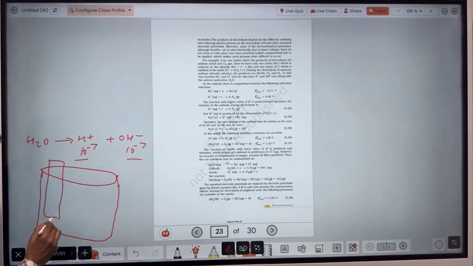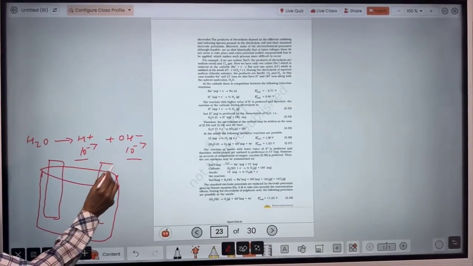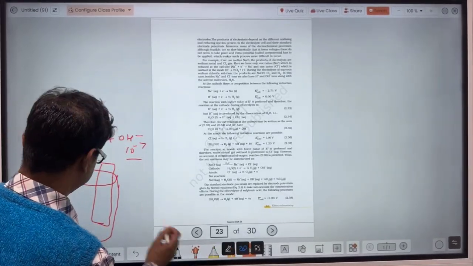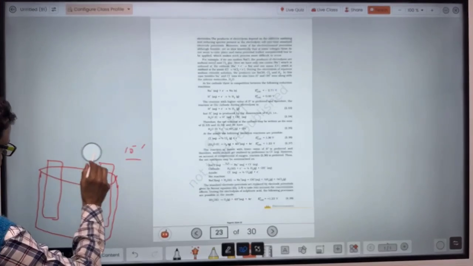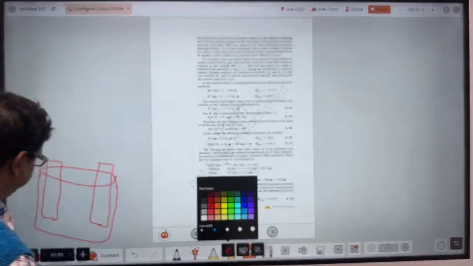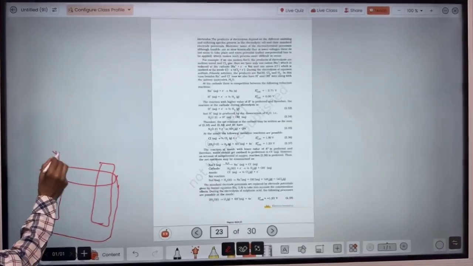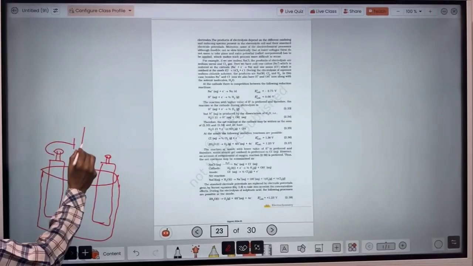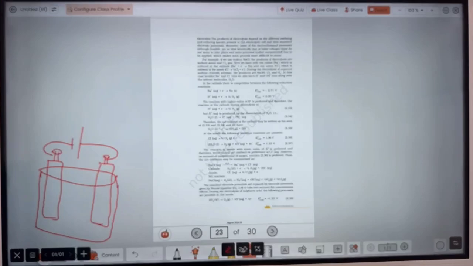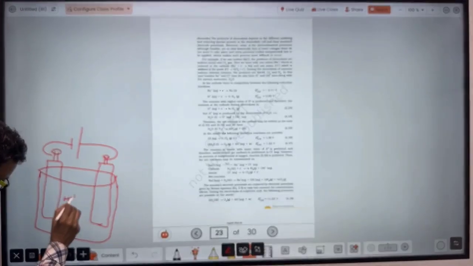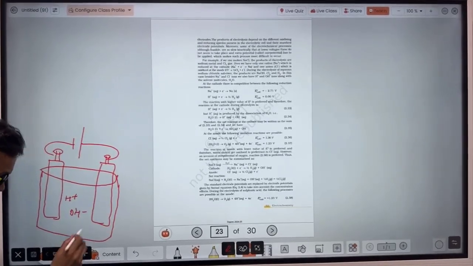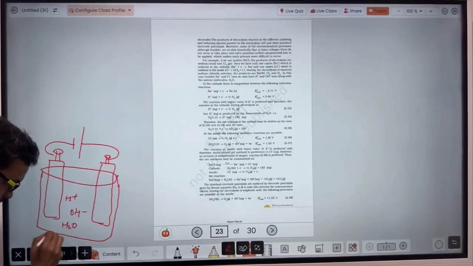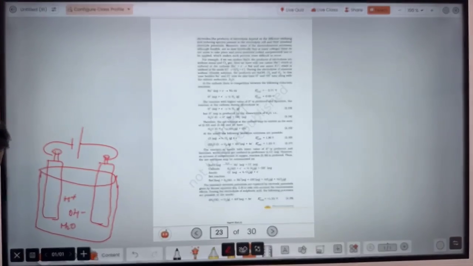Suppose here is the cathode, here is the anode. In water there will be H plus and OH minus ions, and we have added a small amount of electrolyte.